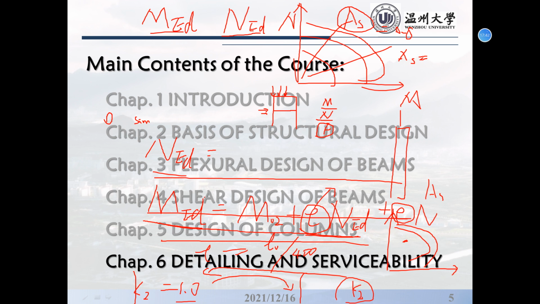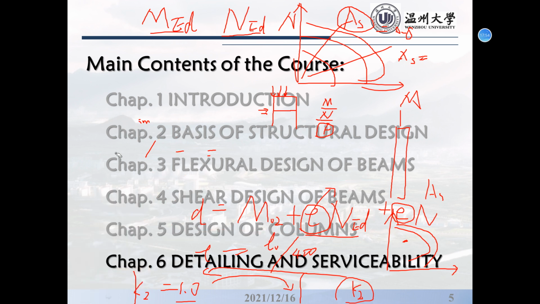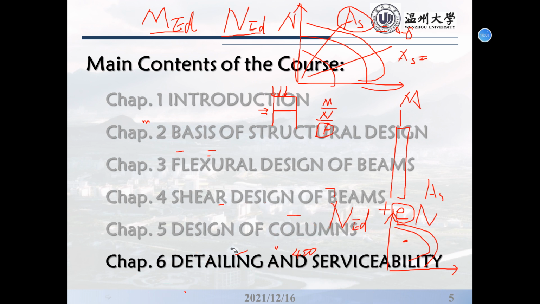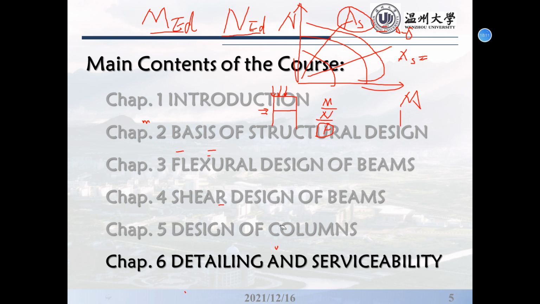Okay. So much about the previous knowledge, and this semester we will talk about the detailing and the serviceability, right? Because in the previous chapter 3 and chapter 4, what we talked about was that if the capacity of the structure is smaller than the load, the structure will fail. It belongs to the ultimate limit state, right?